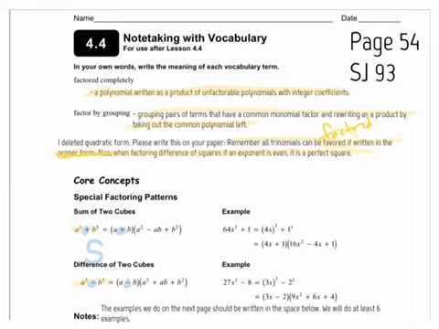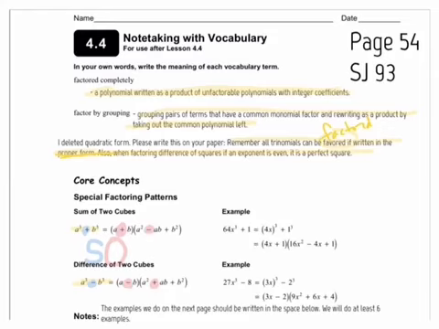Then I want you to compare this sign with this sign. What would you say when you compare the first sign to the second sign in each of those? Hopefully the word that comes to your mind is they are opposites.